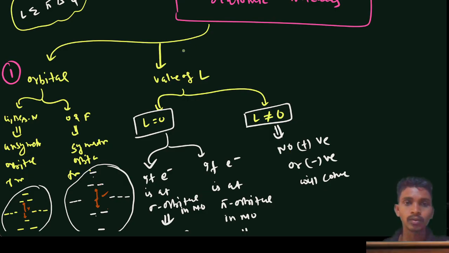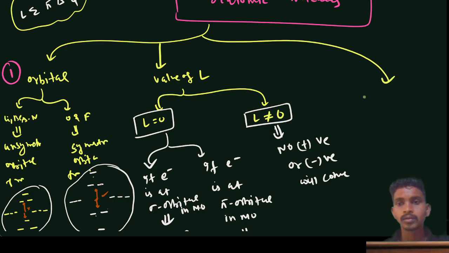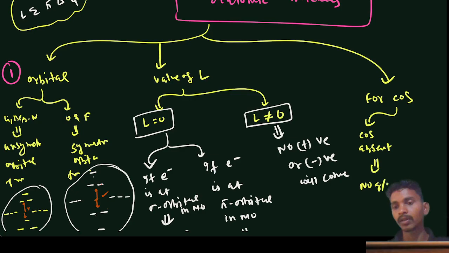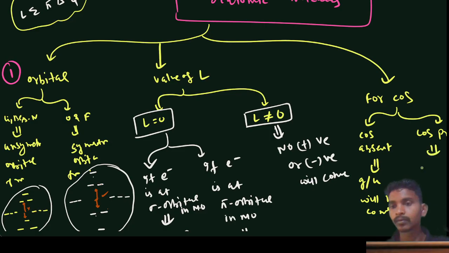Another thing is the center of symmetry. If the center of symmetry is absent, then no G or U will come, so we will not write G or U. And if the center of symmetry is present, then G or U will come.